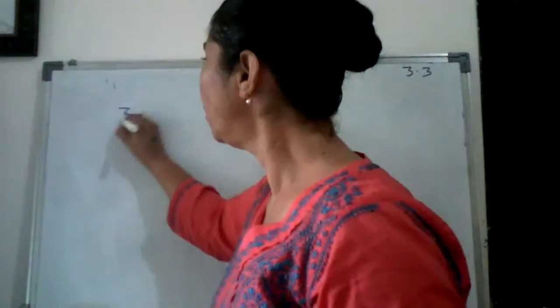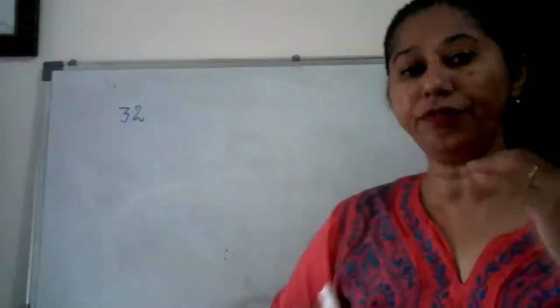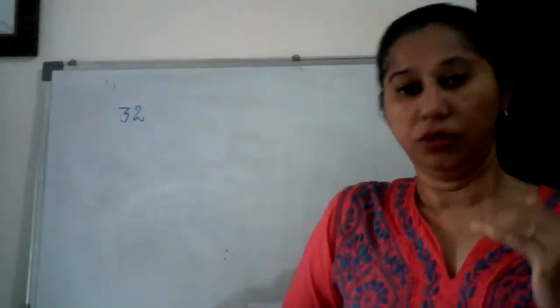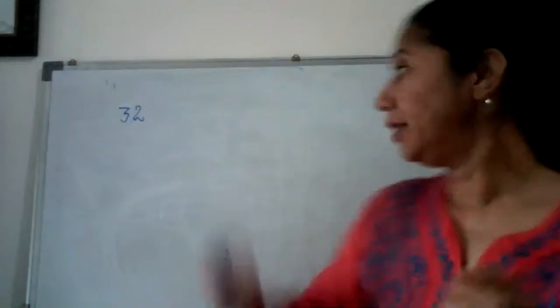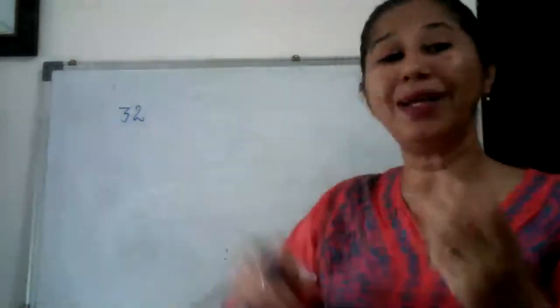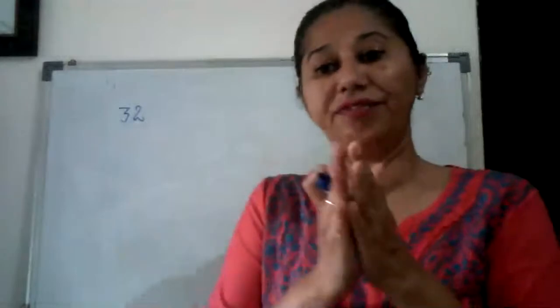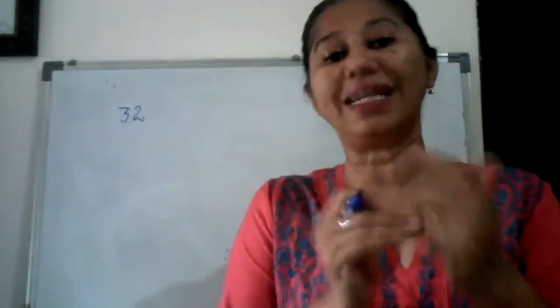Factorize 32. Okay, so that means you have to find the factors. Okay, now when I discuss factors of 32, so what did I question? Find the factors of 32 or factorize 32.